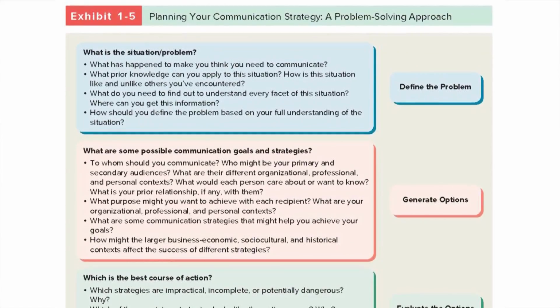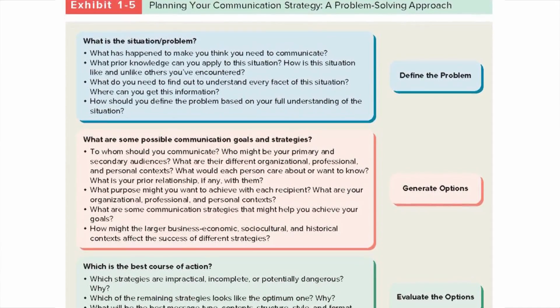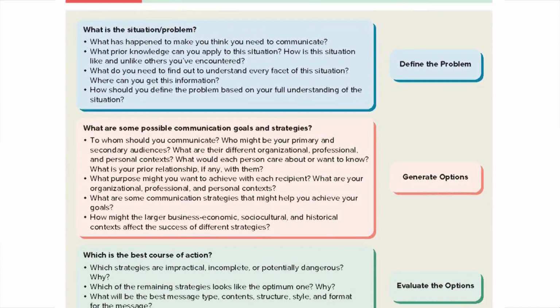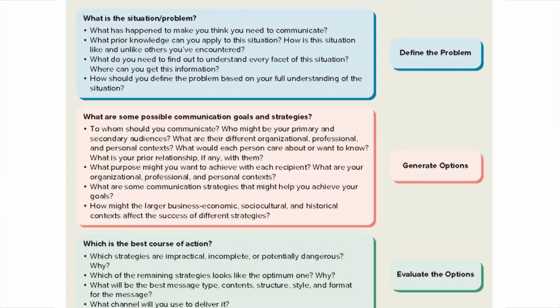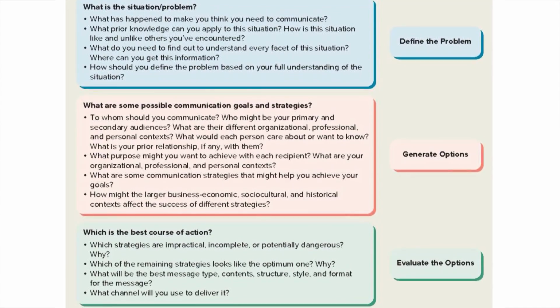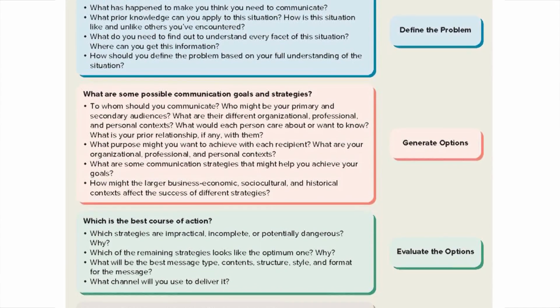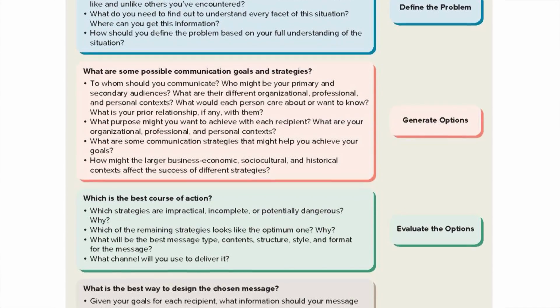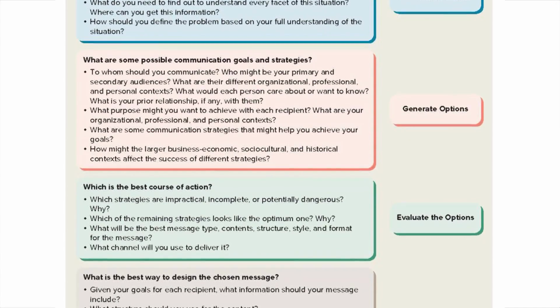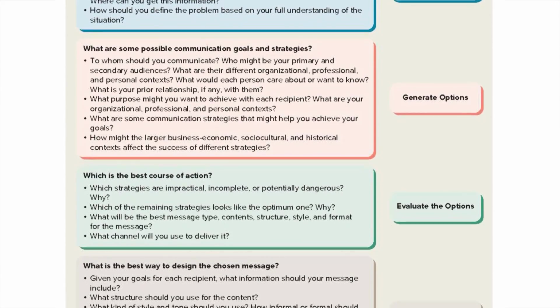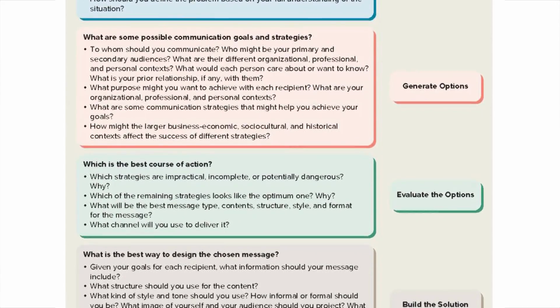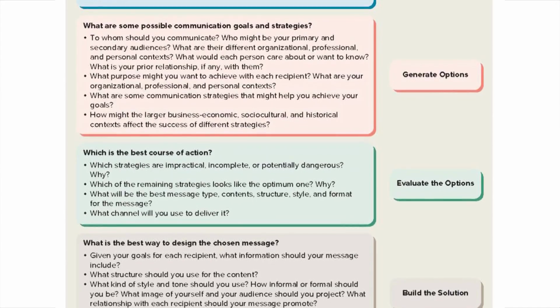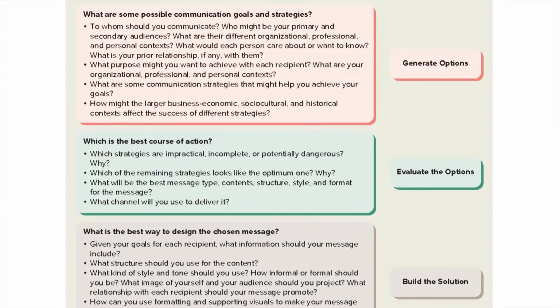The first step is to figure out what's going on and what, if anything, you should do about it. This step involves gathering information and setting communication goals. Then comes careful thinking about your recipients and possible options for achieving your goals with them. After evaluating the possibilities, you can make some key decisions about what you will do and say.